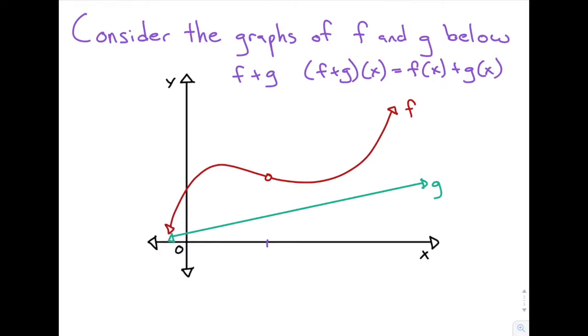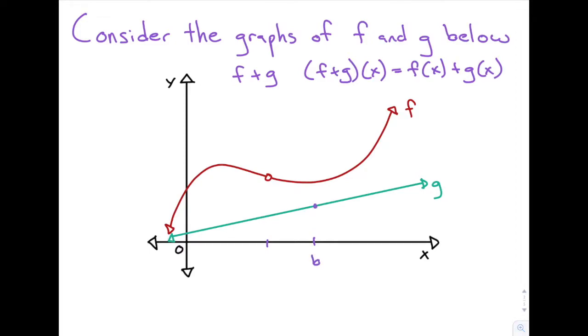So the idea is this: we're just taking a y value, an output from f, and adding it to a y value, an output from g. Let's look at this one, call this b.